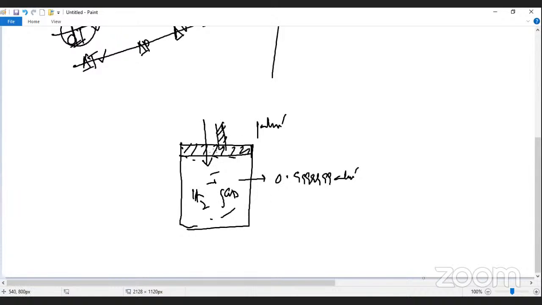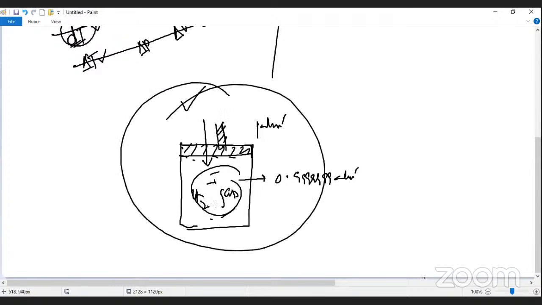Okay. Now, during this process, can I not tell the system and the surroundings in the entire universe? The system and surroundings are always in equilibrium with each other. Equilibrium in the sense, the process can be reversed at any instant.